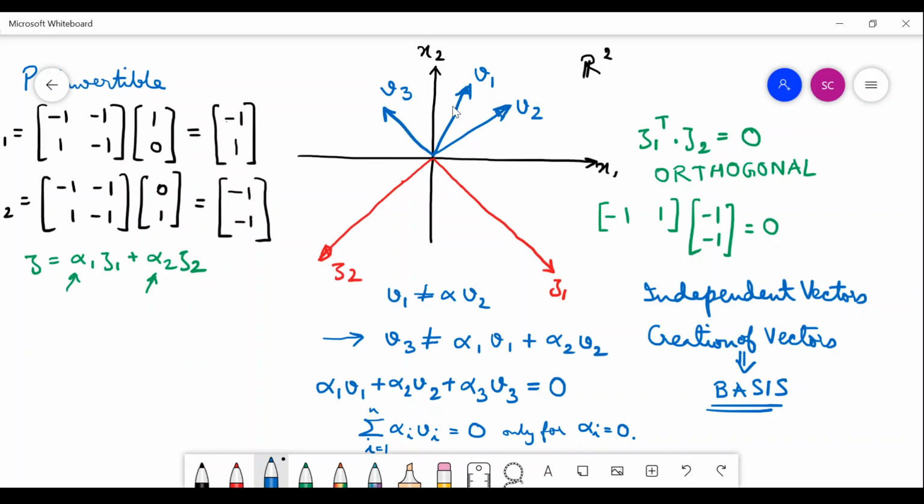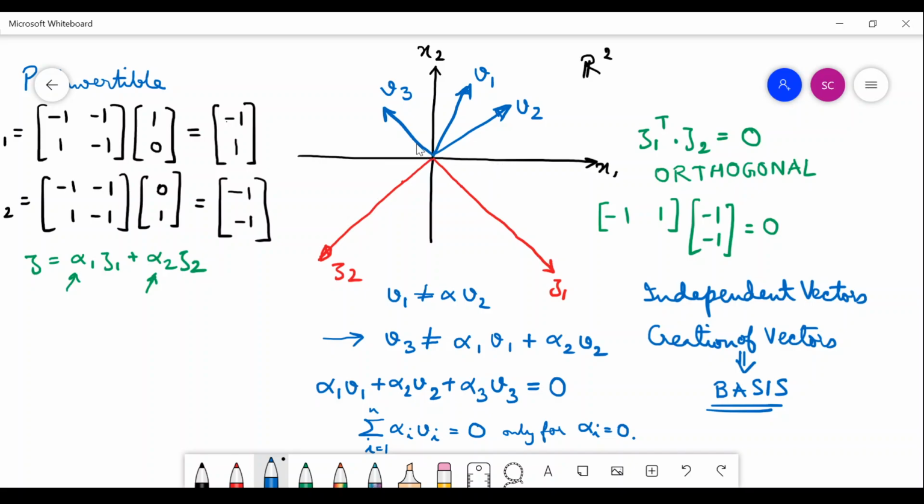Similarly, v3 v1 is a set of basis vectors, but v3 v1 v2 is not a set of basis vectors because they are firstly not independent. Only independent vectors can form a set of basis vectors. But now there is a catch.